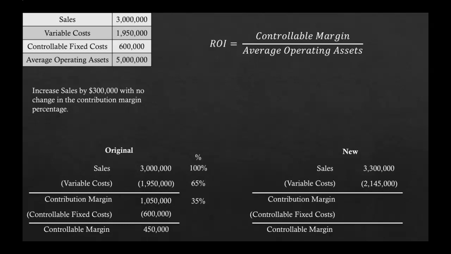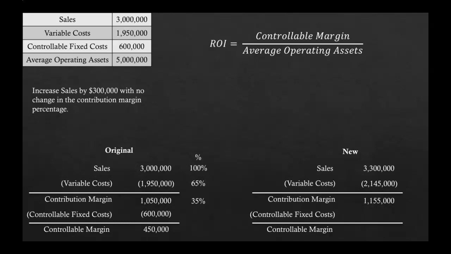Then if we take our sales times 0.35, our 35% contribution margin ratio, we get $1,155,000. We could also have found our contribution margin by taking our sales and subtracting our variable costs.